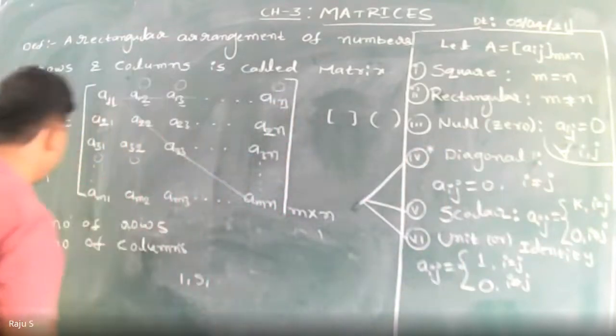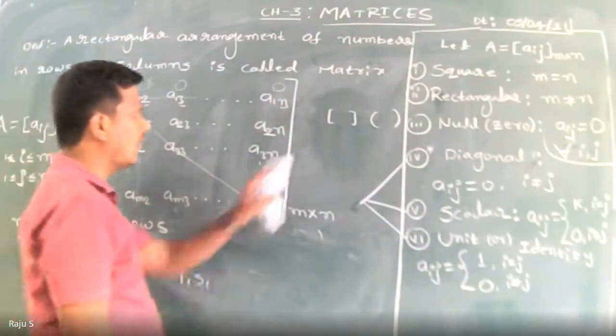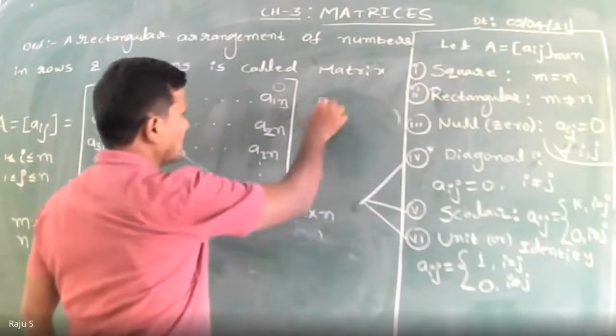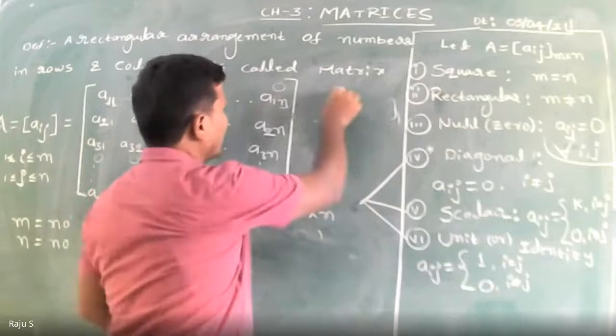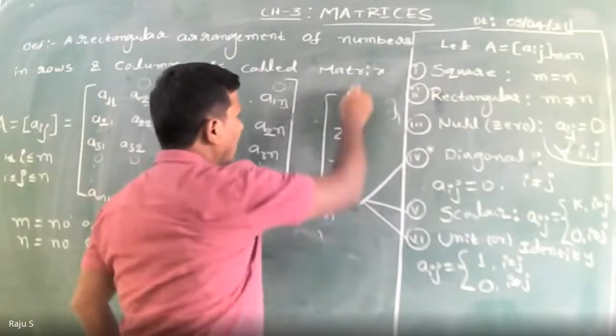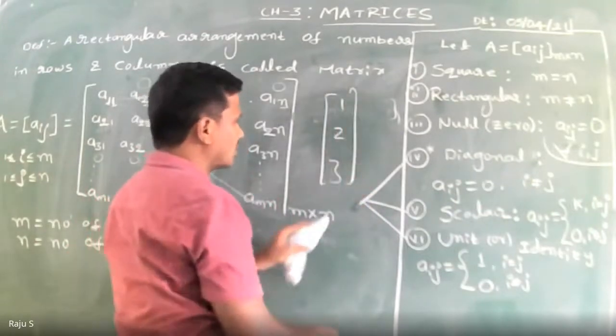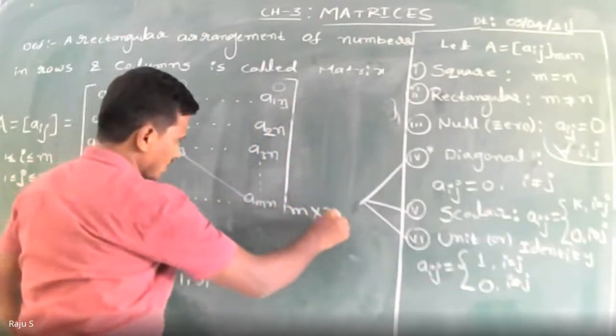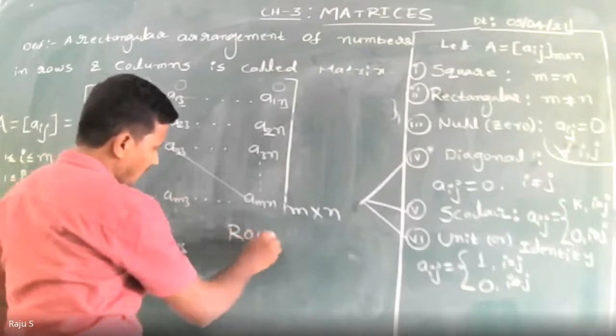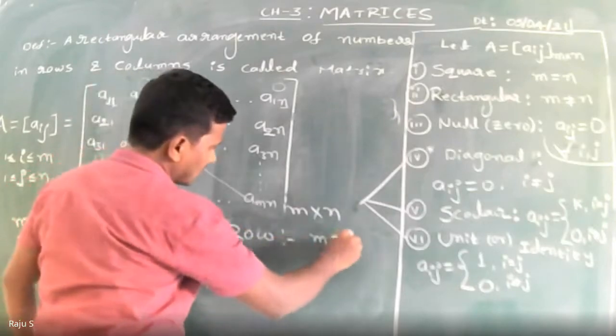Now we know that a row matrix means 1, 2, 3, and a column matrix we can take as 1, 2, 3 arranged vertically. Row matrix means the number of rows is equal to 1, that's it.